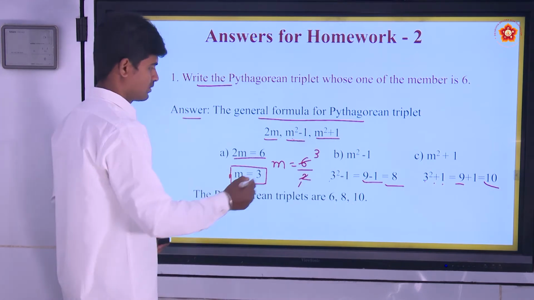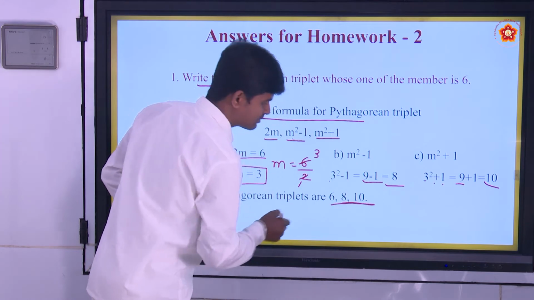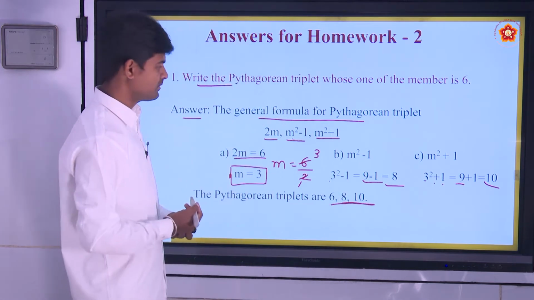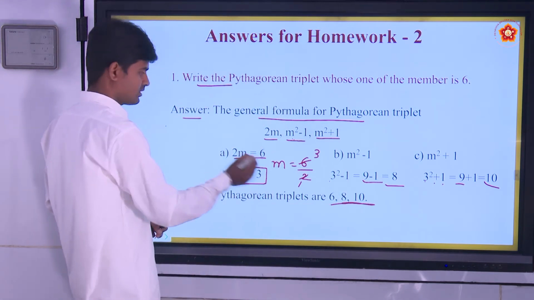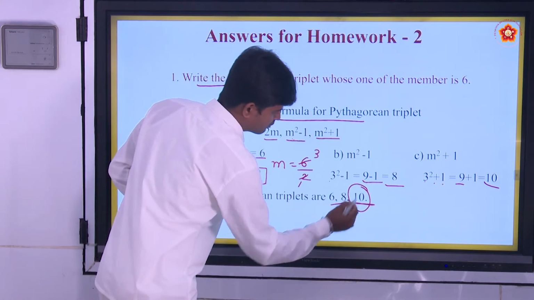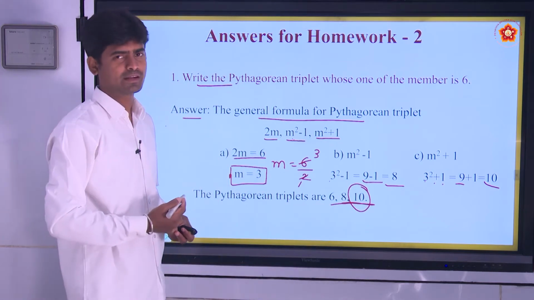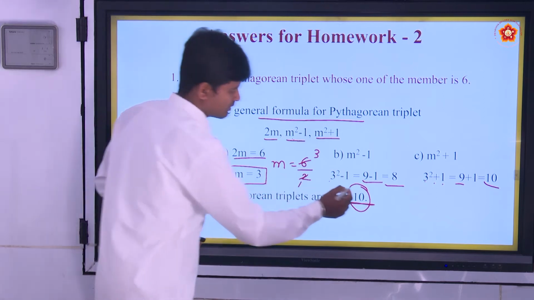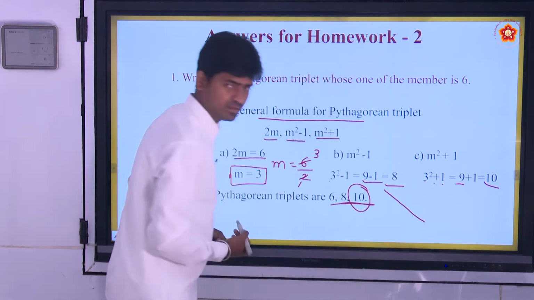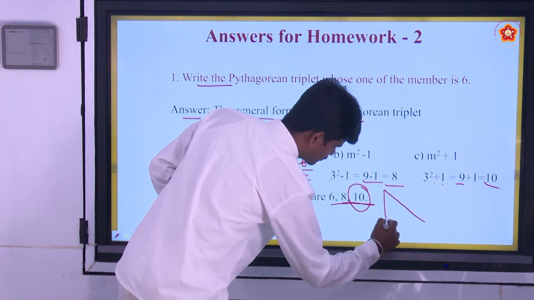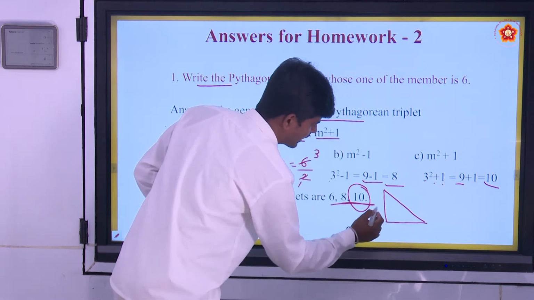How do we check that this answer is correct? We cross verify. You already know the Pythagoras theorem: in a right angle triangle, the square of the hypotenuse is equal to the sum of the squares of the other two sides, height and base.